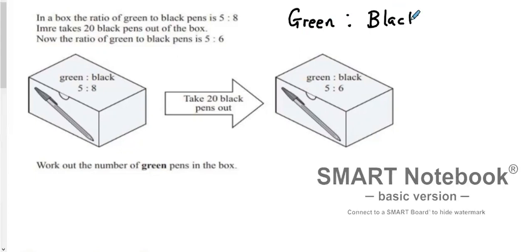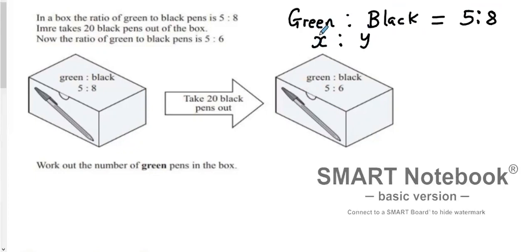The ratio of green to black equals 5:8. Okay? How many green pens are there? That we don't know. And something which you don't know, you put a letter. And how many black pens are there? Also, we still totally don't know.